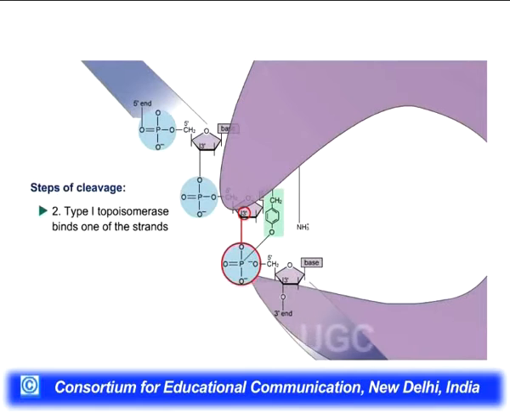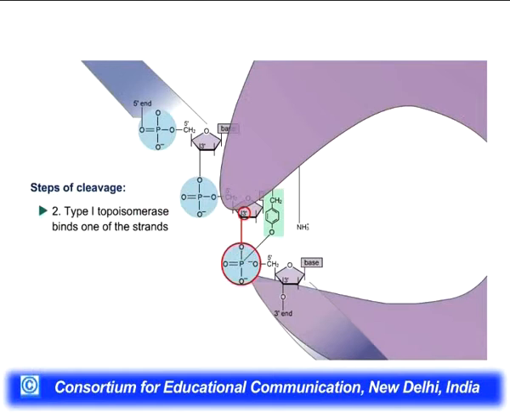So, type 1 topoisomerase binds one of the strands, and this oxyanion will act on the nearest phosphate bond. This tyrosine residue in the catalytic activity will act on the phosphodiester bond. If you remember, in nucleotides the sugar and phosphate are attached. So, it will act on the phosphate bond, and to attack it, the oxygen of the hydroxyl has to be an oxyanion, and it becomes an oxyanion by taking a proton from a nearby basic amino acid residue.